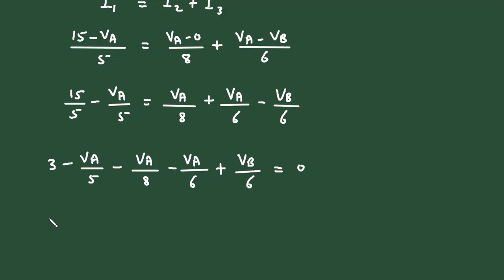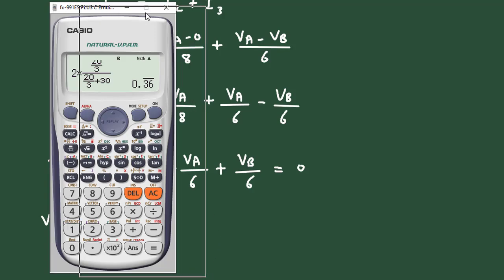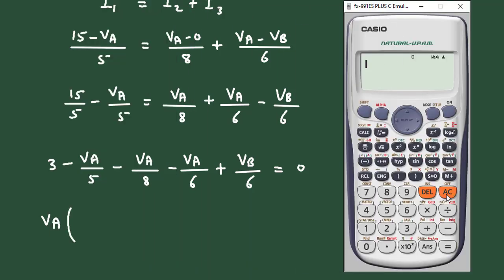If we take VA common, it will be VA in bracket minus 1 by 5, then minus 1 by 8, then minus 1 by 6.